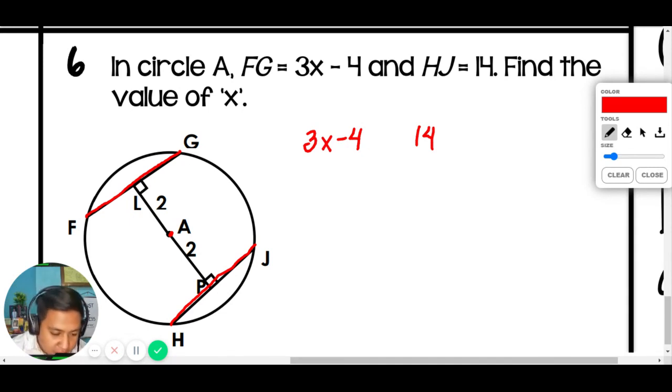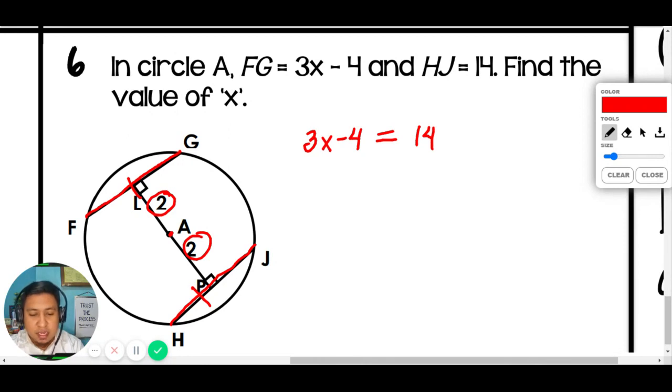And as you can see, they are equidistant because they have the same distance here, 2 and 2. So therefore, chord FG is congruent with chord HJ.